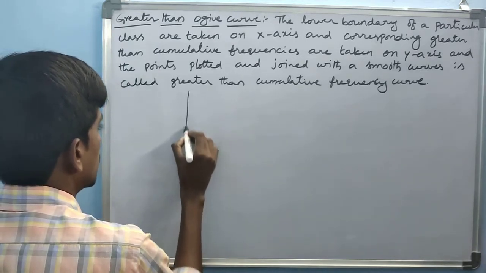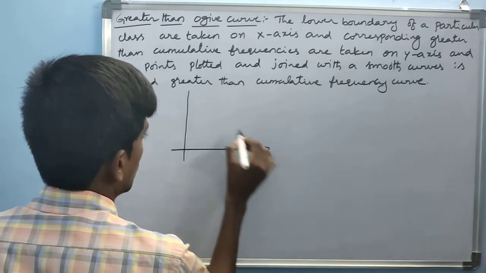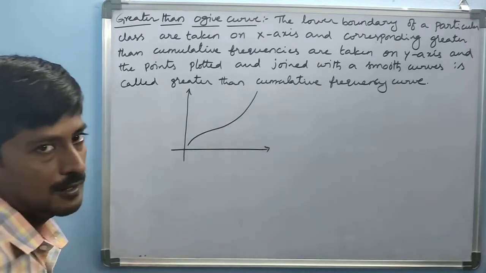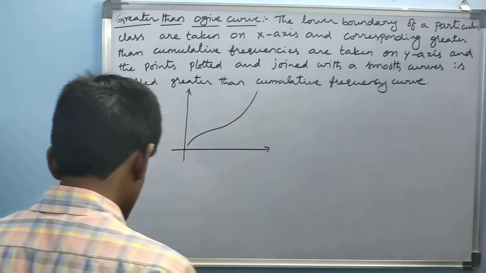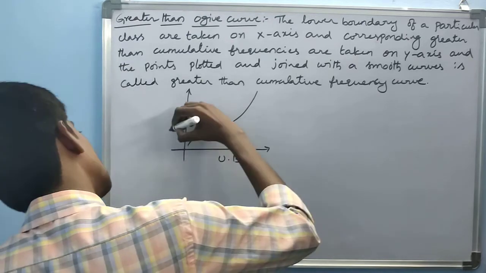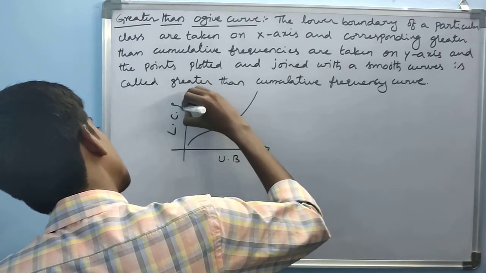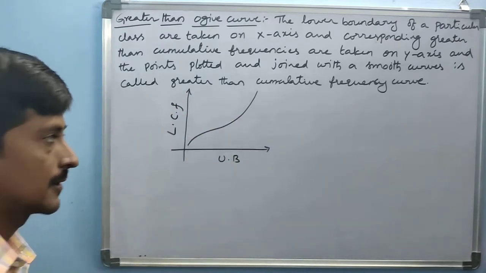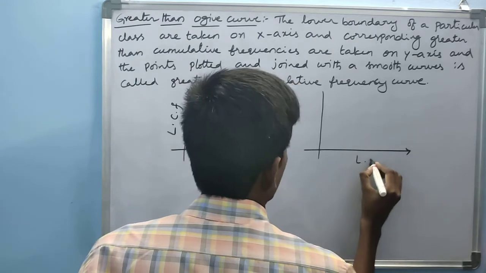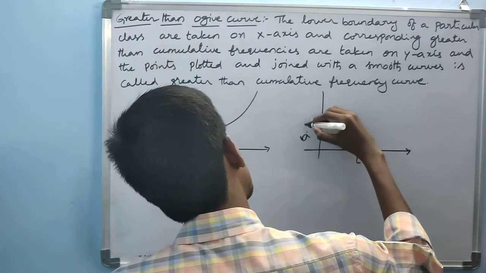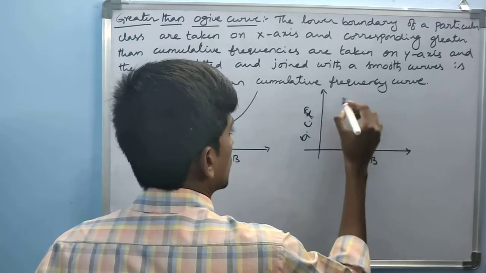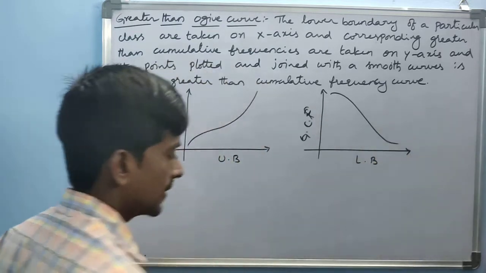This is the less than type ogive: upper boundaries with less than cumulative frequencies. The other is lower boundaries with greater than cumulative frequencies. The graphs look like this.